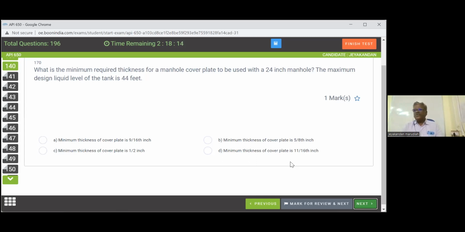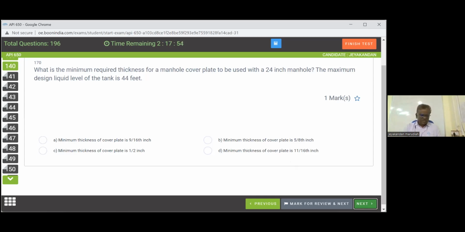Okay, I will give you time, you try this. Which table do you have to refer? What is the minimum required thickness of a manhole cover plate to be used on a 24-inch manhole? The maximum design liquid level is 44 feet. You just have to refer to the manhole table.